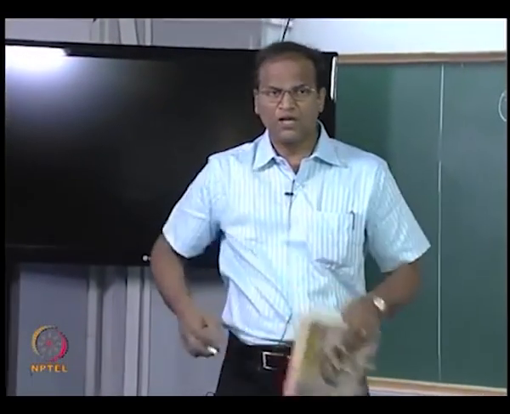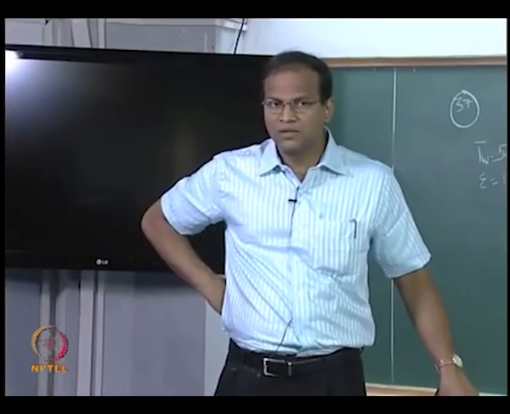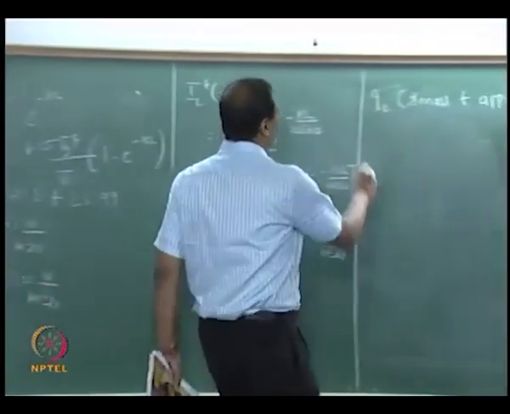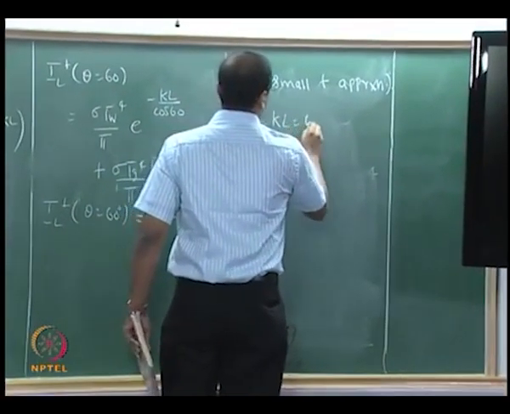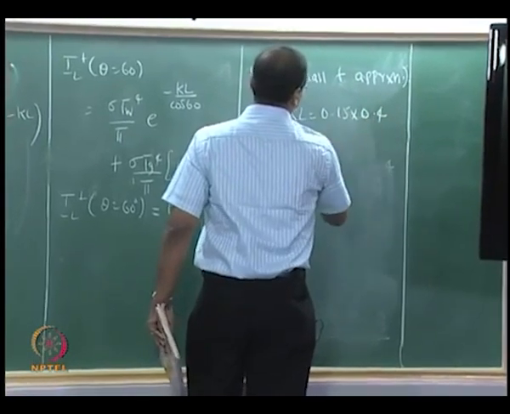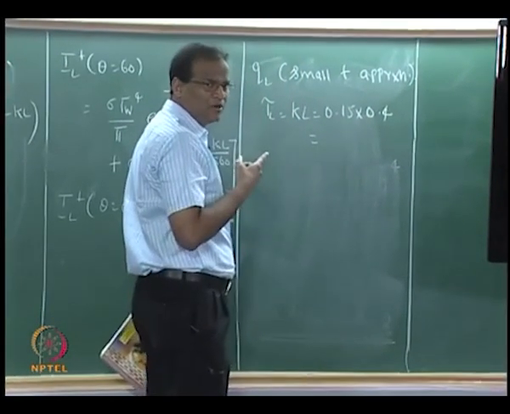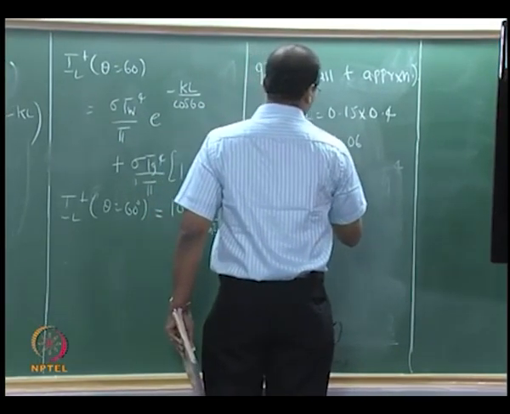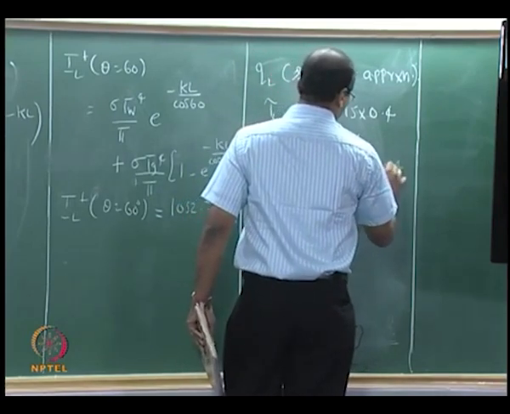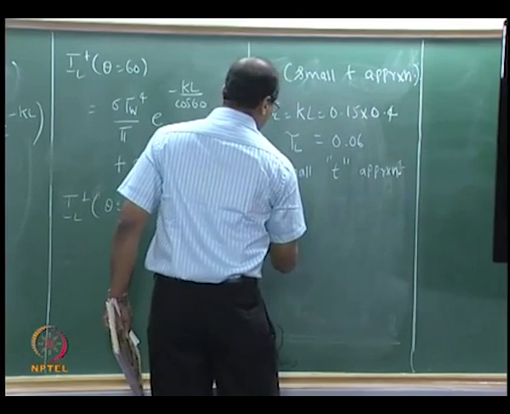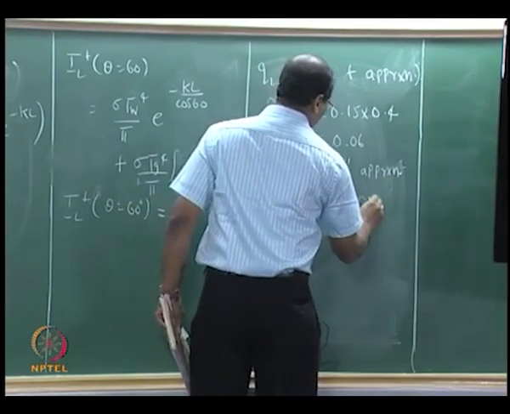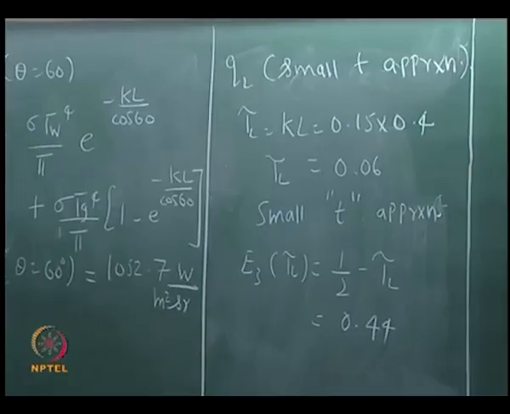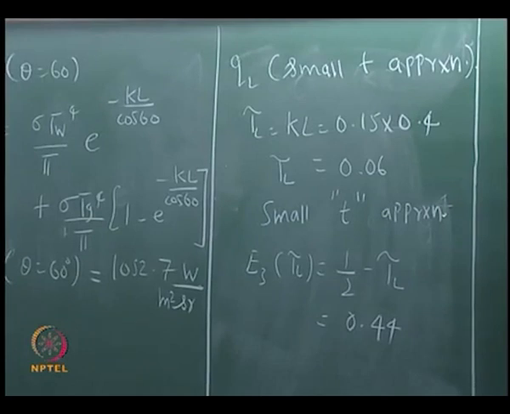Small t approximation. What is this small t approximation? E3 of x equal to half minus t, okay, where now, how much is it? 0.06. Correct, that is my small t.